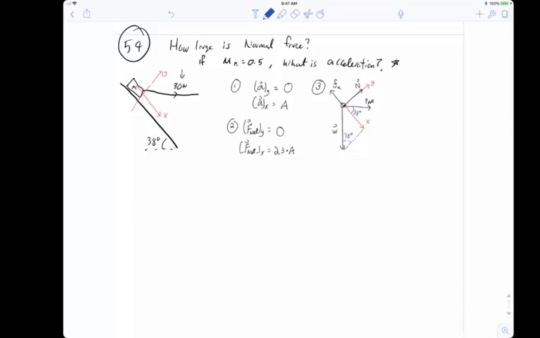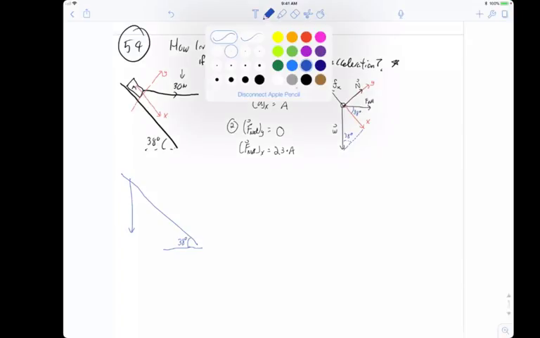This is from Greek-style geometry. Do you want me to explain it? I've explained it in class, but nobody ever remembers when I explain these things. Okay, so here's our slope. This angle here is 38 degrees. Imagine I make a triangle.